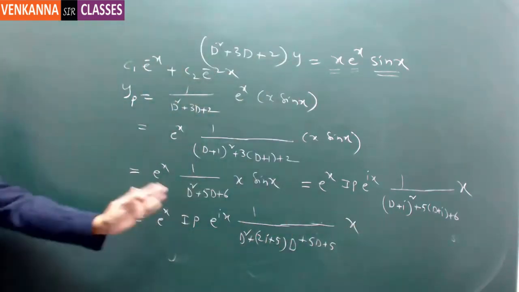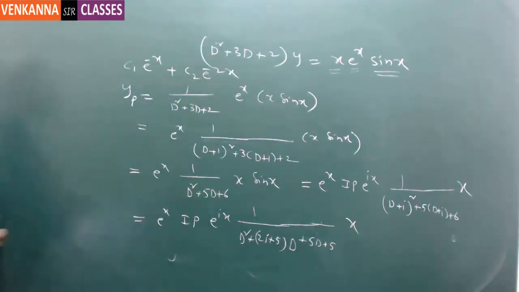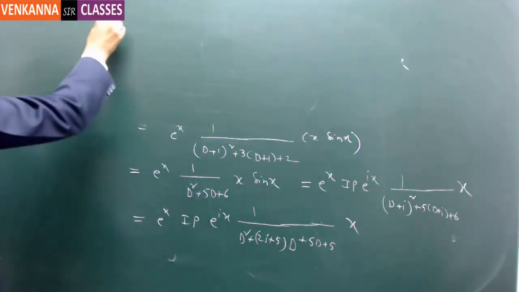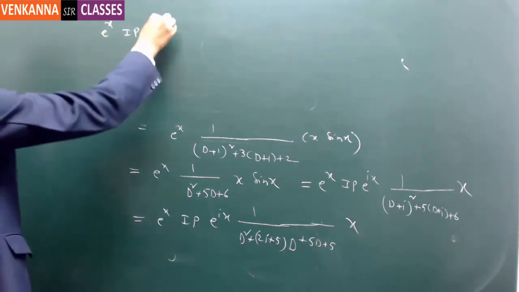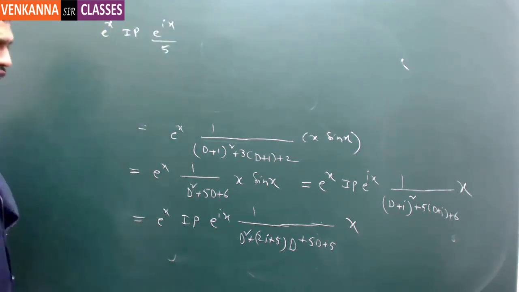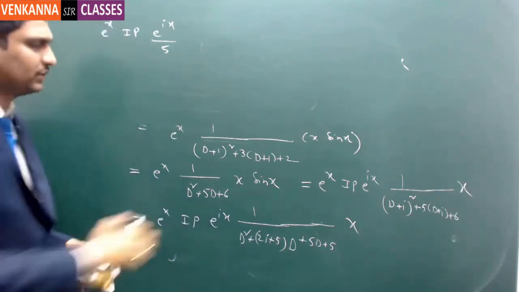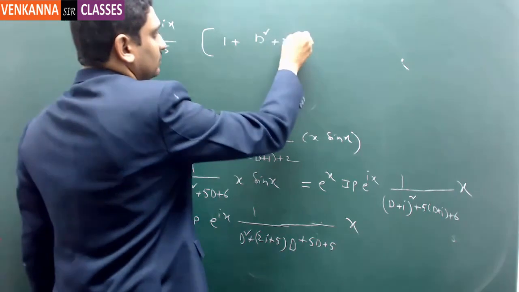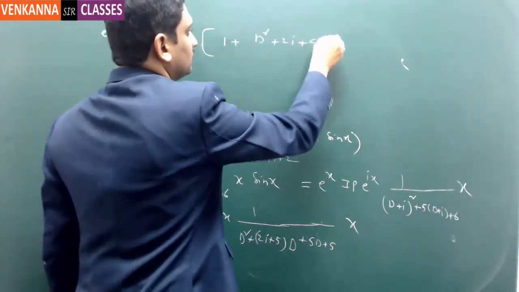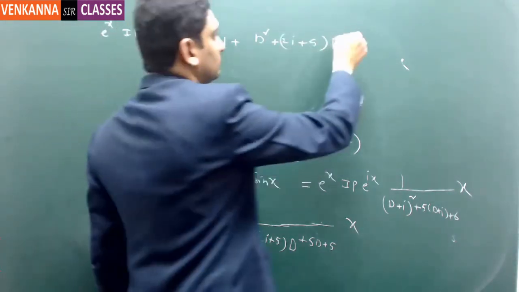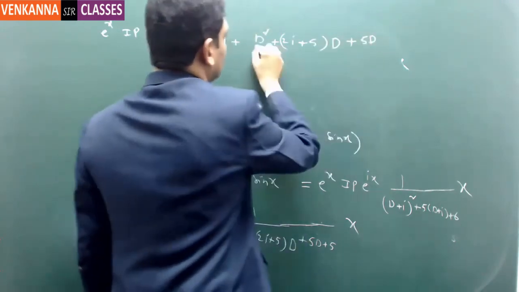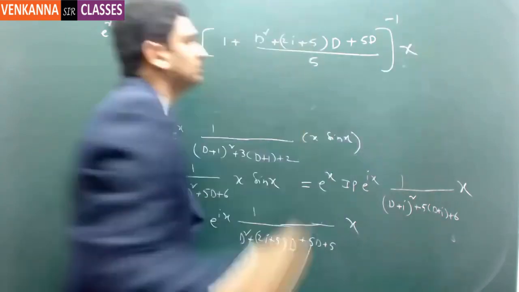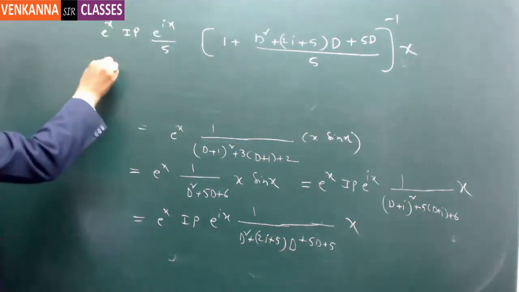1 plus something, if we are going to write, we have to write it as e power x imaginary part e power ix by 5 of, it will come as 1 plus something. So 1 plus, and you are going to simplify that.